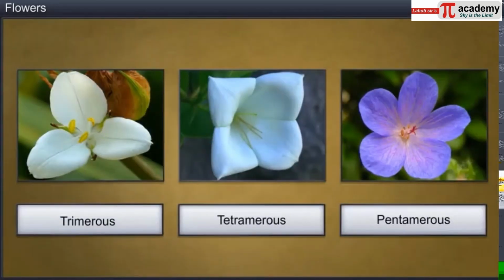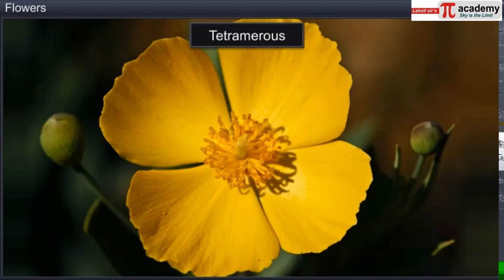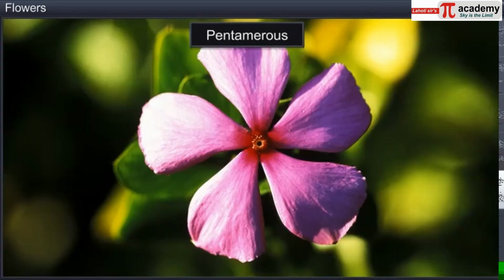Flowers are also classified as trimerous, tetramerous, or pentamerous based on the number of flowering parts like sepals, petals, and stamens. Trimerous flowers have flowering parts in sets of 3, while tetramerous flowers have them in sets of 4 and pentamerous flowers in sets of 5.